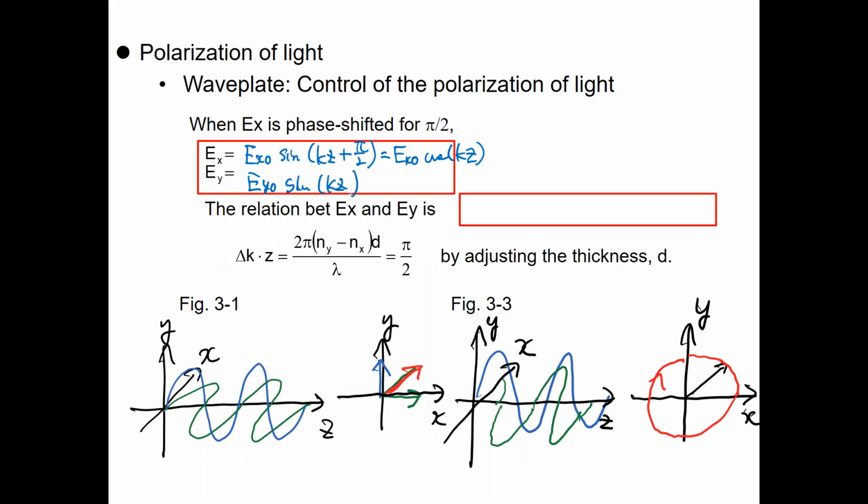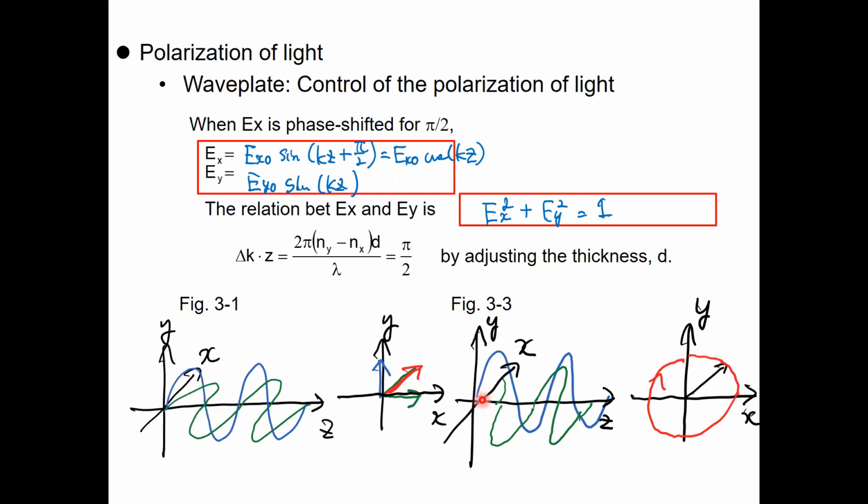As you can see, the relation between EX and EY is obviously EX squared plus EY squared equals 1, meaning that the synthesized EX and EY field is on a circle.